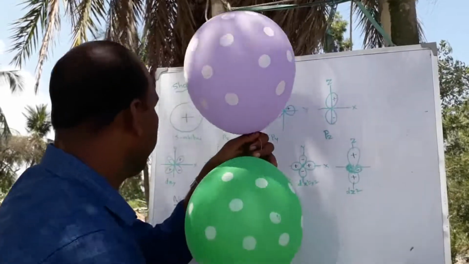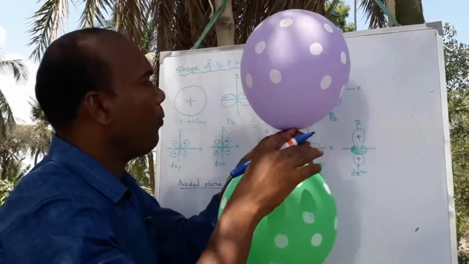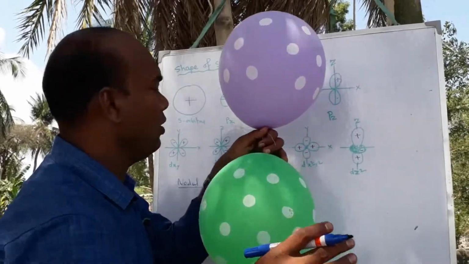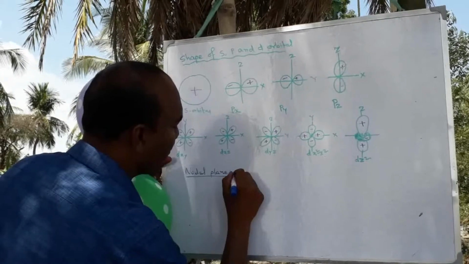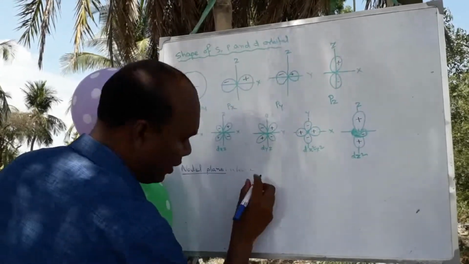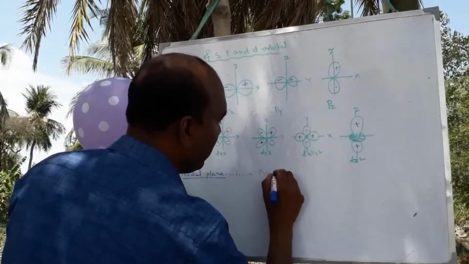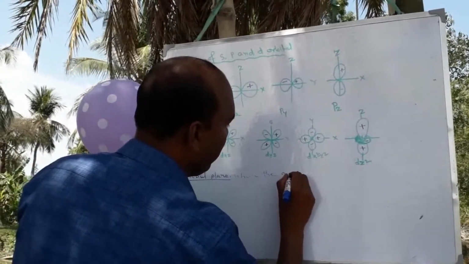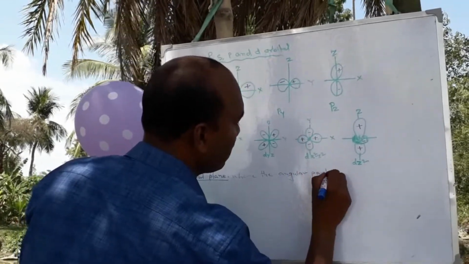So a nodal plane can be defined as a plane where there is no angular part of the wave function. So this can be defined where the angular part is 0.